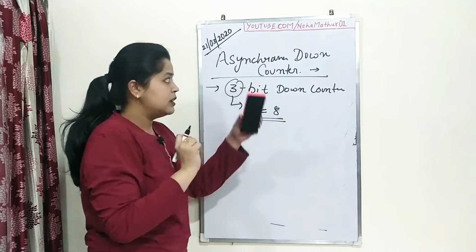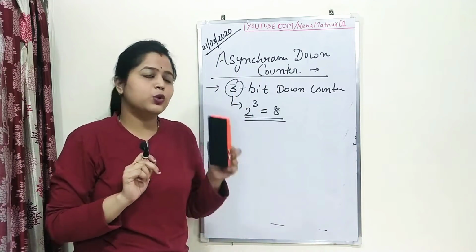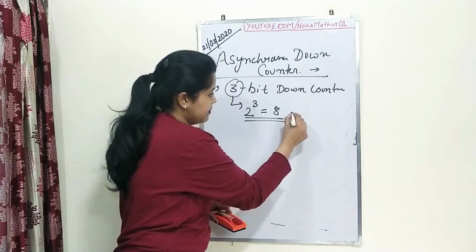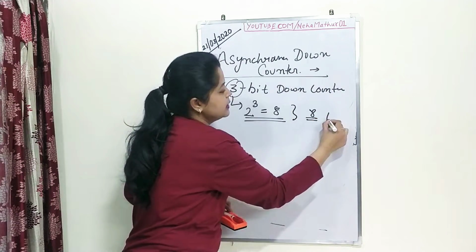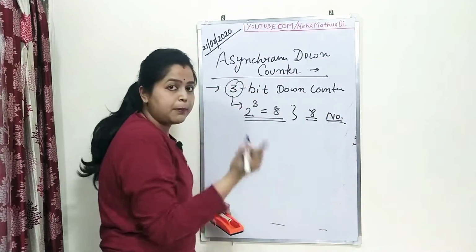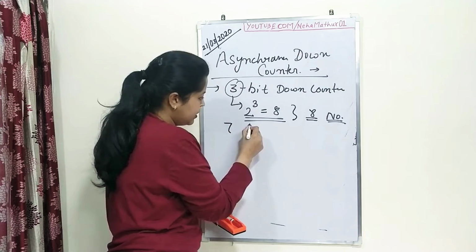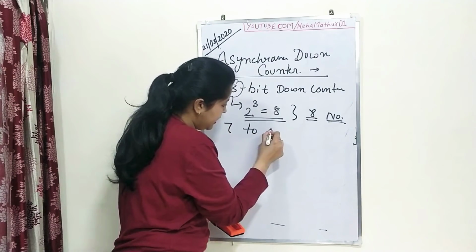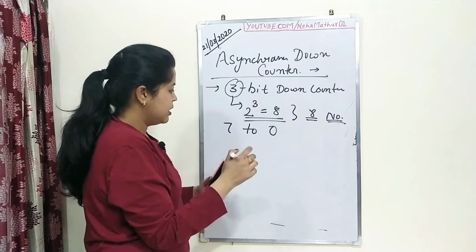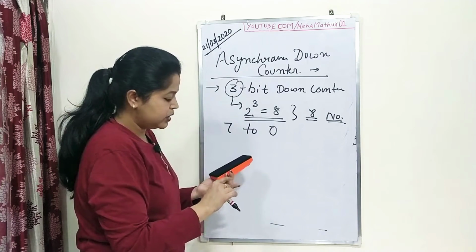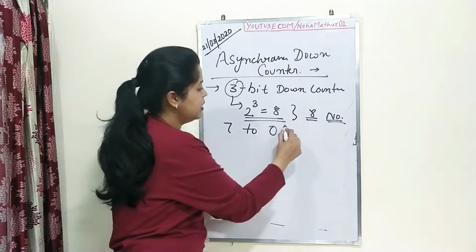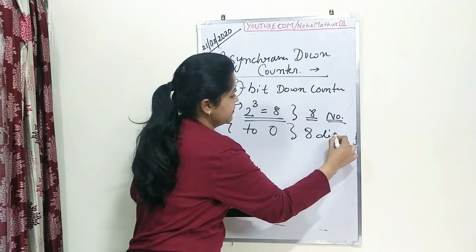That means this flip-flop is capable of counting a total of 8 numbers, and the numbers start from 7 and end at 0. So 7 6 5 4 3 2 1 and 0, total 8 digits.